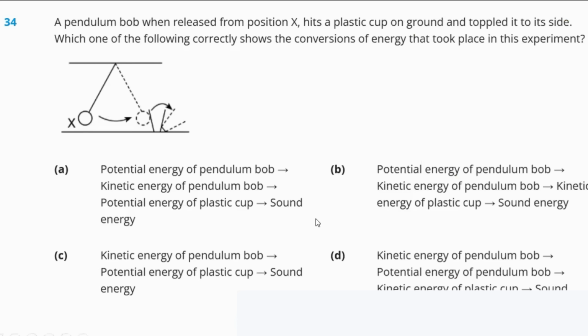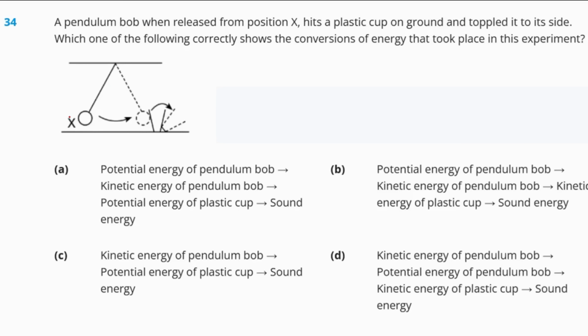Question number 34. Question number 34 says the pendulum bob, when released from the position X, hits a plastic cup on the ground and topples it to its side. Which of the following correctly shows the conversion of energy that took place in this experiment? So everybody, here the pendulum is in a position, right?